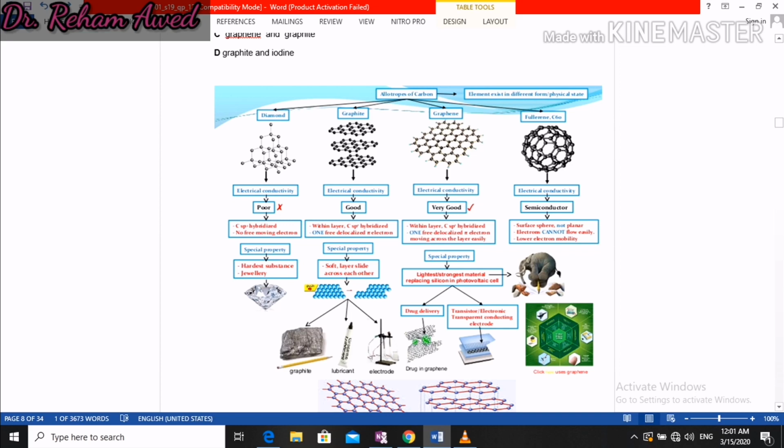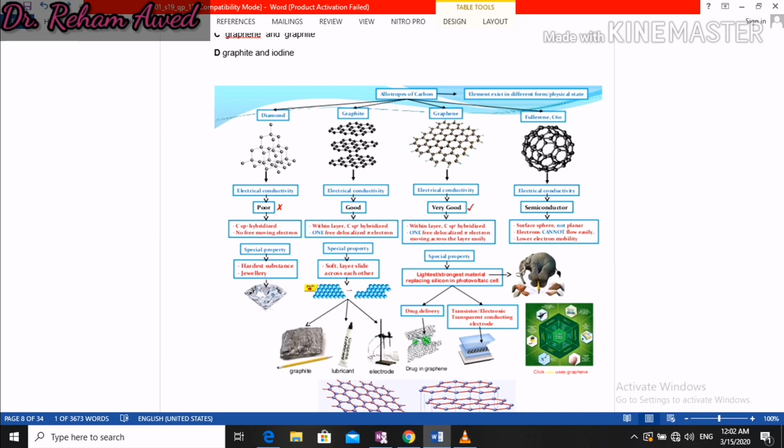At first, we start with diamond. Take care, diamond particles are arranged in a tetrahedral shape. They are poor conductors of electricity, and they haven't any free electrons to conduct electricity, and it is the hardest substance in the universe. It is a very good piece of jewelry.